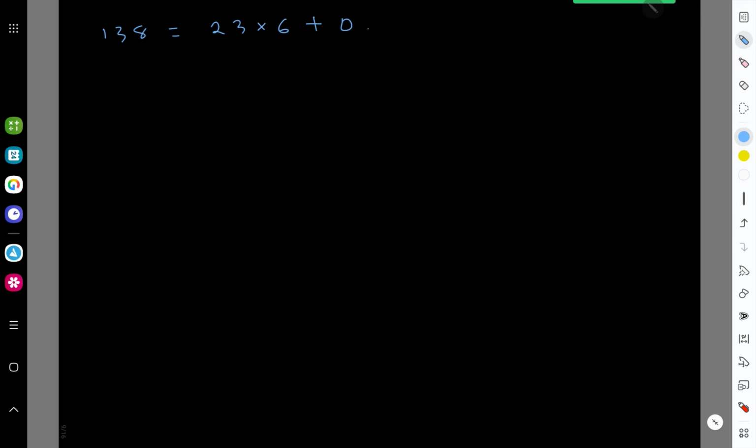Finally, our remainder is 0, so the algorithm says that the last divisor will be our HCF.